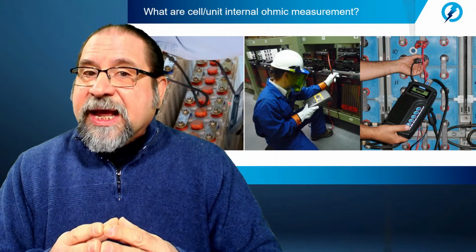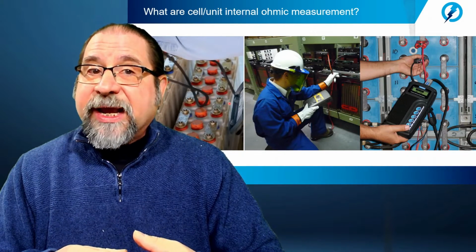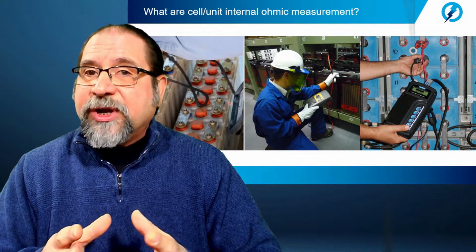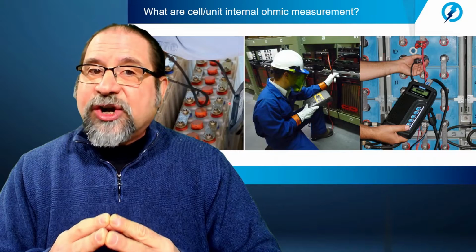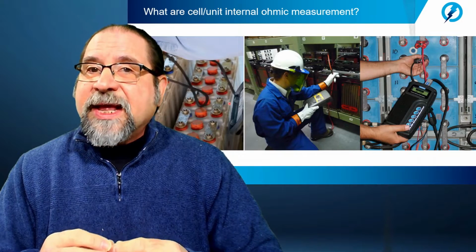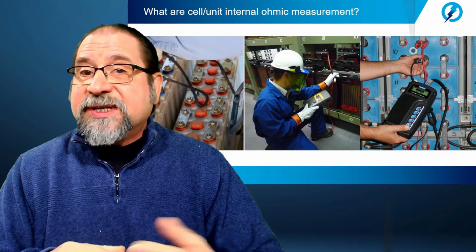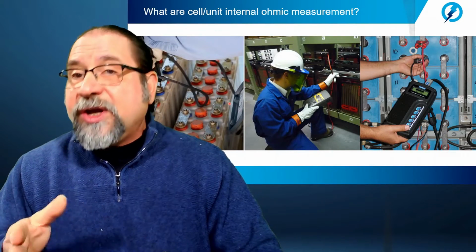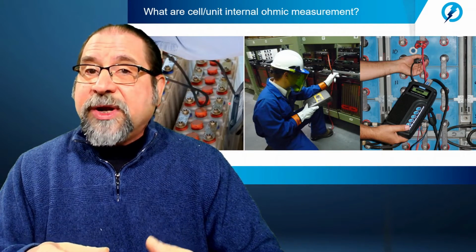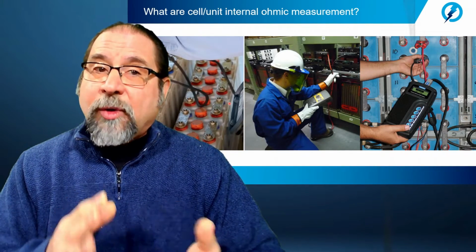For example, in one manufacturer's AC conductance equipment, measurements are taken by applying a voltage of a known frequency and amplitude across a cell or battery unit and observing the AC current flow it produces in response to the voltage. Now, a manufacturer of an AC impedance meter measures AC current of a known frequency and amplitude that is passed through the whole battery string and determines the impedance of each cell or unit by measuring the resultant AC voltage drop across them.